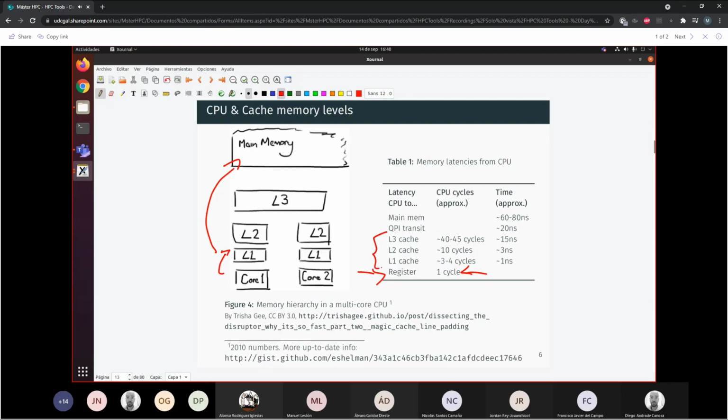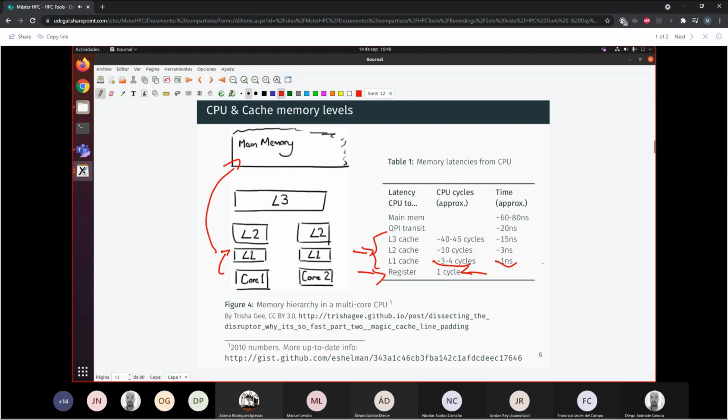So in the level 1 of the cache, the latency is around 1 nanosecond. This is just an estimation, and it depends highly on the technology, which means that the processor has to wait between 3 or 4 cycles. This is not too bad. This is actually one of the best possible scenarios.